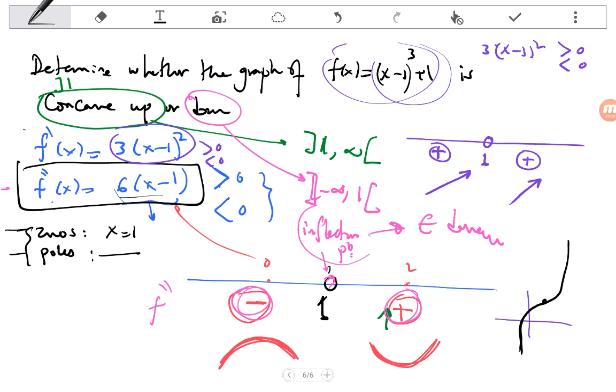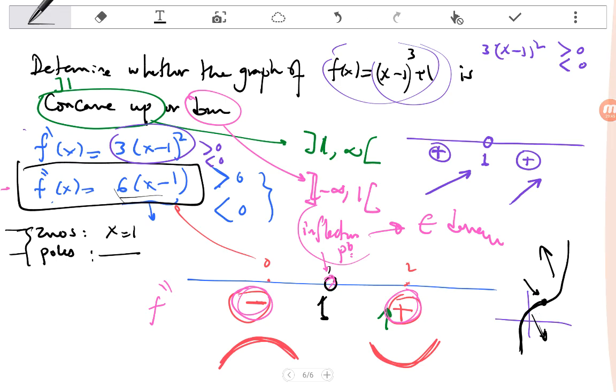The function is increasing. Then there is this inflection point. Inflection point means that the function is changing from looking down to now looking up. So it was first concave down, then it is looking up in this way. But it is always increasing. This function is always increasing.